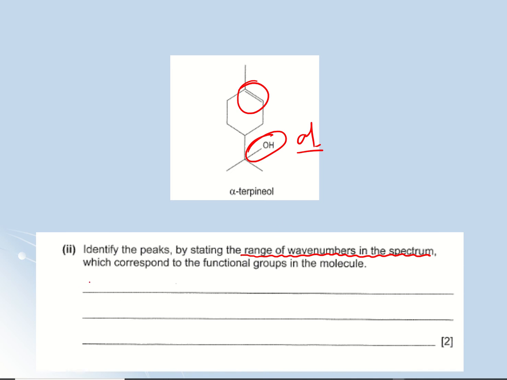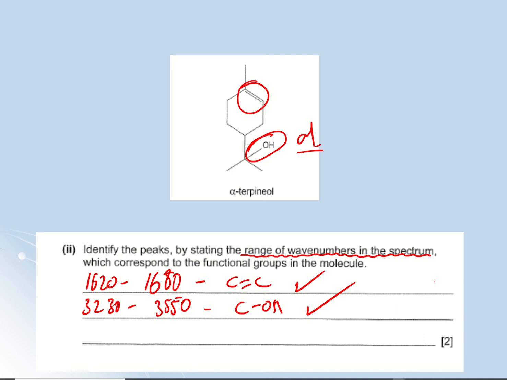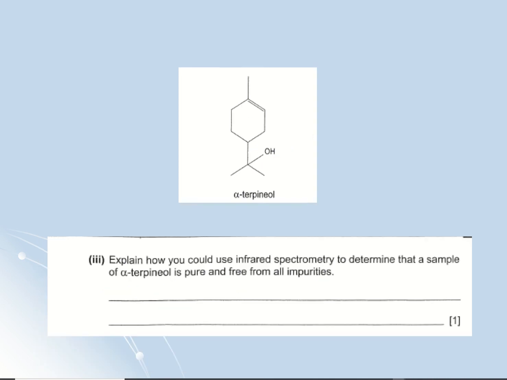Well, we would get a peak at 1620, and again I'm quoting these out of the textbook, and that is equivalent to a carbon-carbon double bond, 1 mark, very easy. We would get another peak, and make sure we pick the right OH group for an alcohol, not a carboxylic acid, so 3230 to 3550, that's the OH group, second mark, dead easy. There are no other functional groups in that, that's it all done.